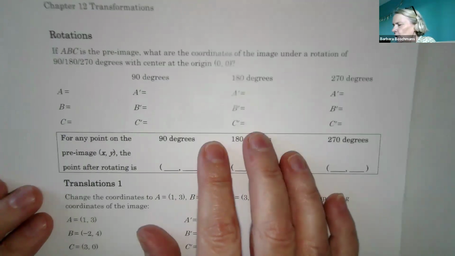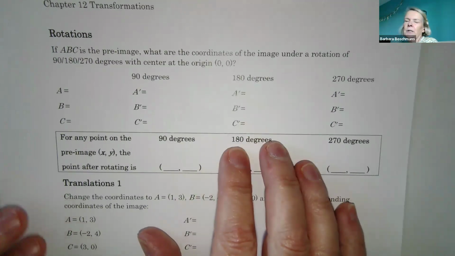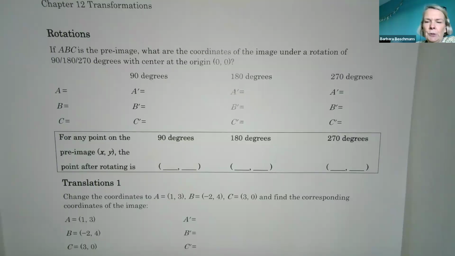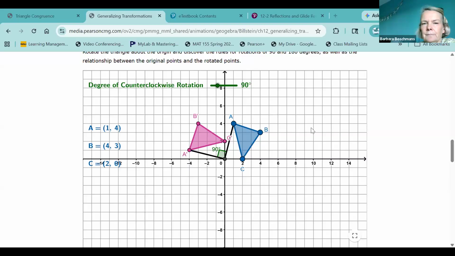We are then going to go back into GeoGebra and we are going to generalize our rotations. So I will meet you over in GeoGebra. Okay, for this one, there's a slider on the top for rotations. Right now it's set at 90 degrees. So you want to fill in the coordinates for points A, B, and C. And then on the grid, see where A prime, B prime, C prime ends up after you've done a 90-degree rotation.